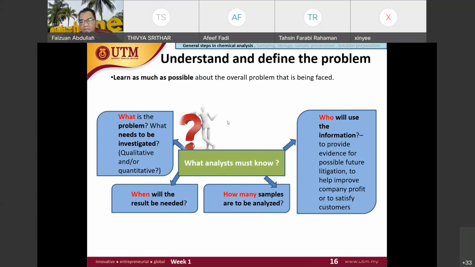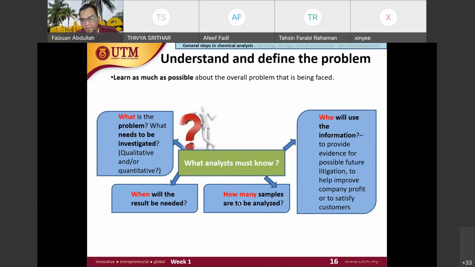For example, if you have a criminal case, okay, so we have a murder case, for example. So that's the problem: to investigate who is the murderer and how the victim was killed. Okay, when is the result needed? Of course, in a criminology case, the result will be needed as soon as possible, right? And how many samples are to be analyzed? What kind of sample?